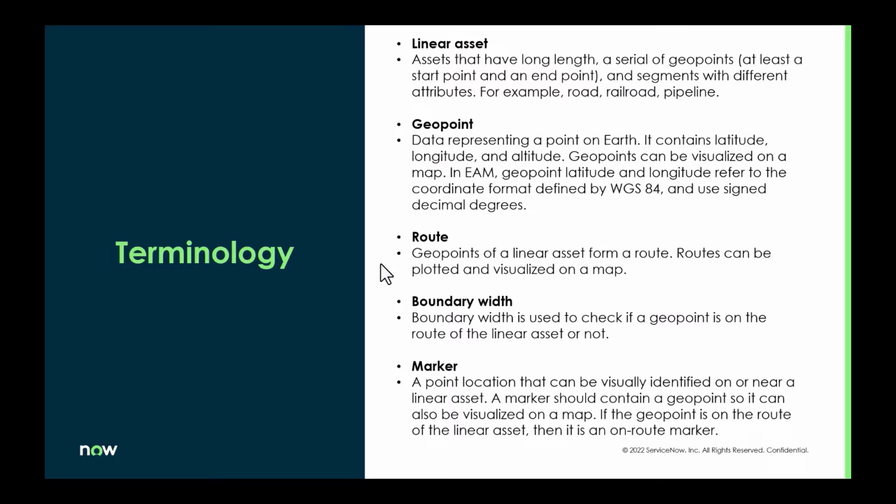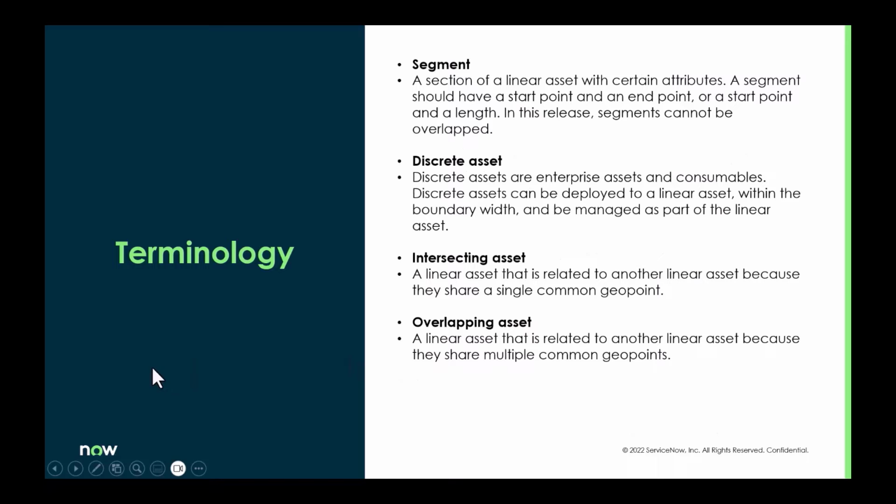And later we shall see the discrete asset concept. A discrete asset is supposed to be marked or pointed within the boundary width of the linear asset. A marker is a point location that can be visually identified on or near a linear asset. It should contain a geopoint visualized on a map. A segment is basically a section of a linear asset with certain attributes.